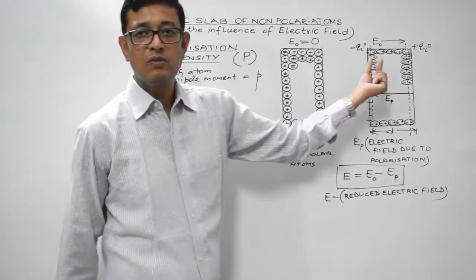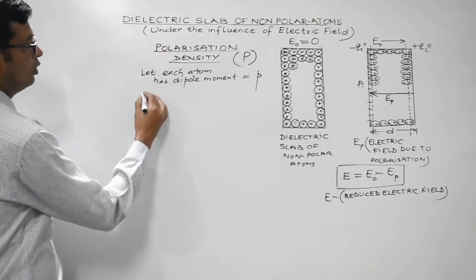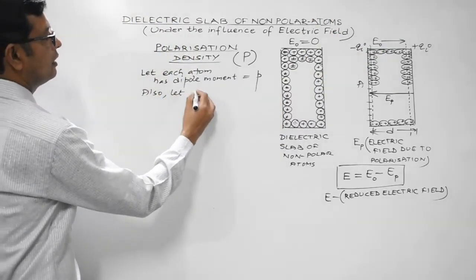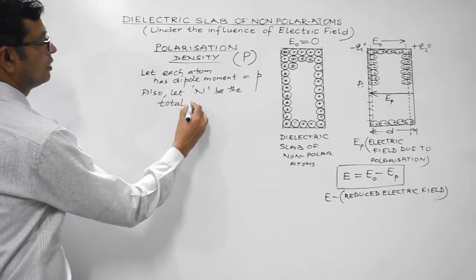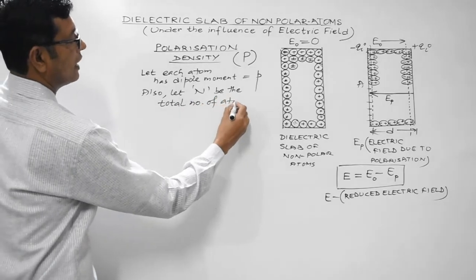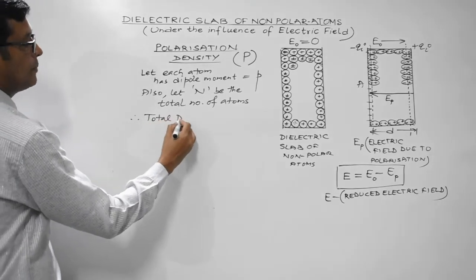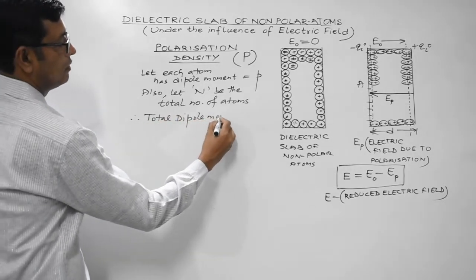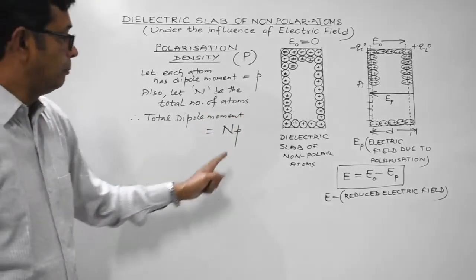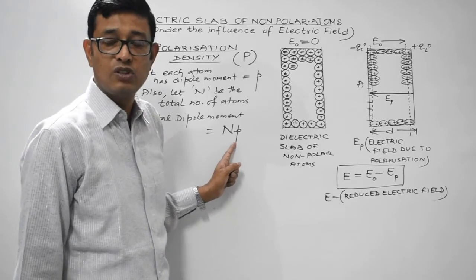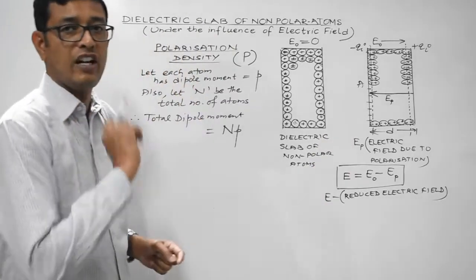Suppose each atom develops a dipole moment p under the influence of this external field. Also, let N be the total number of atoms in the dielectric slab. Therefore, the total dipole moment of this slab would obviously be N multiplied by p, isn't it? p is the dipole moment induced in each individual atom, and suppose this slab contains N such atoms.